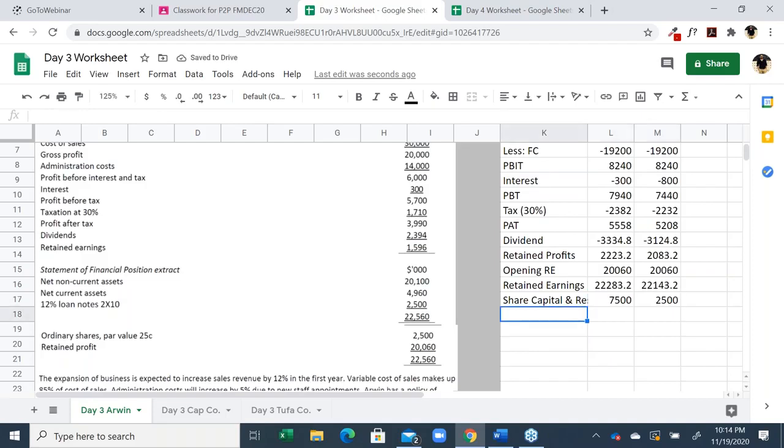So the total equity will now be closing retained earnings plus your share capital and reserves. That's your total. And the long-term debts will be the same in case of equity finance, and that is 2500.